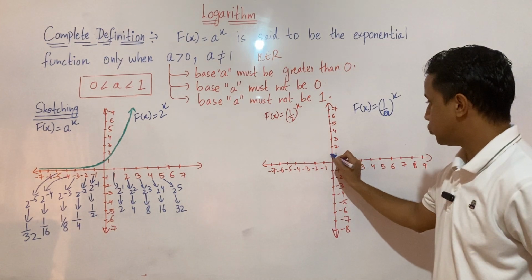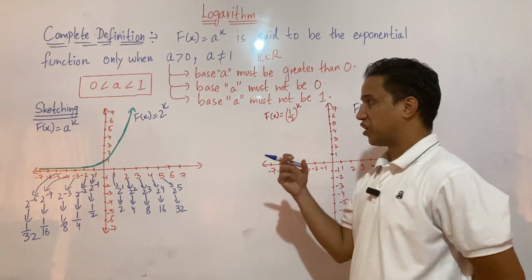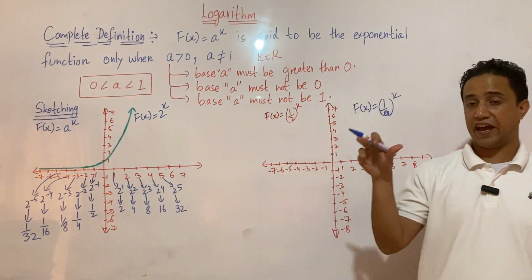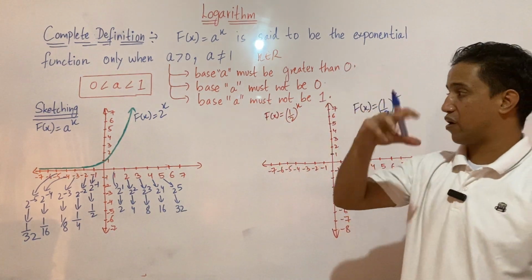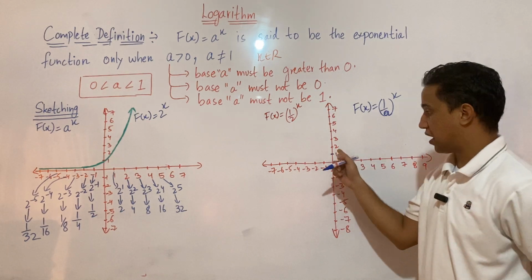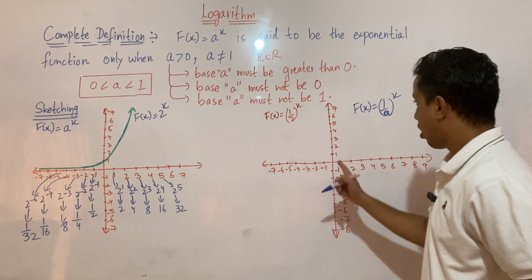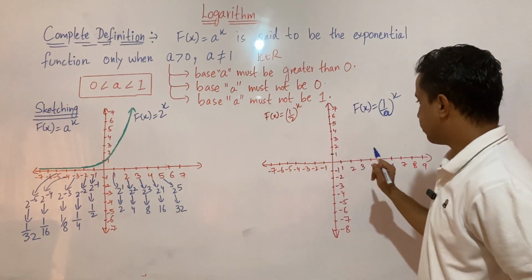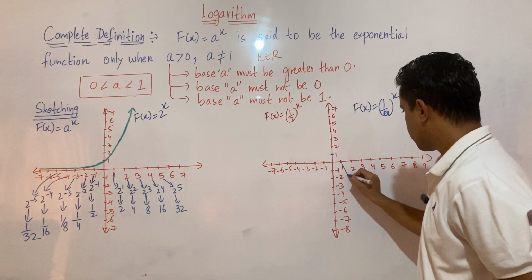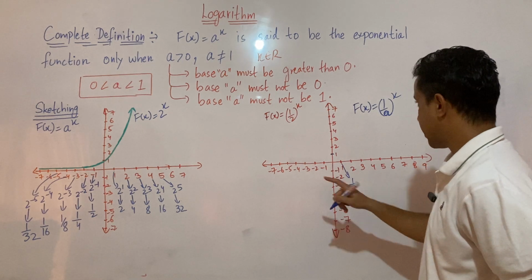I have told you this point is very, very important, no matter what your base is. If you sketch the graph of the exponent function, it will always pass through the y-intercept 1. Okay, so if you put the value of x as 1, here it's going to be 1/2, right?